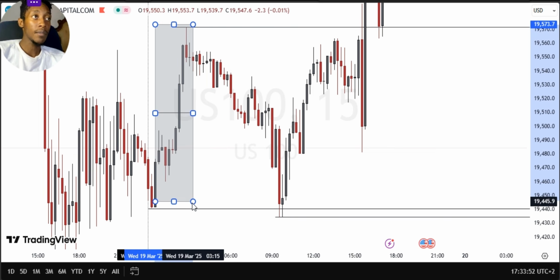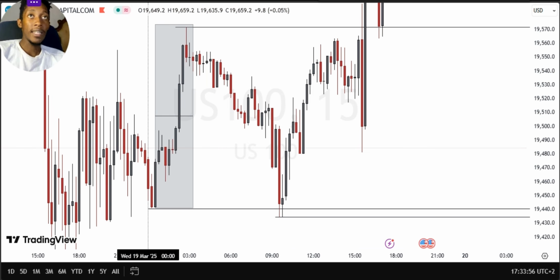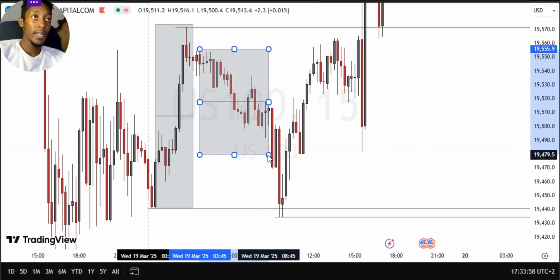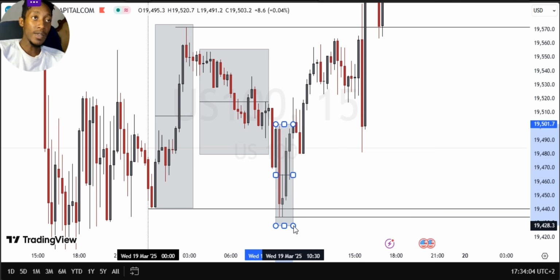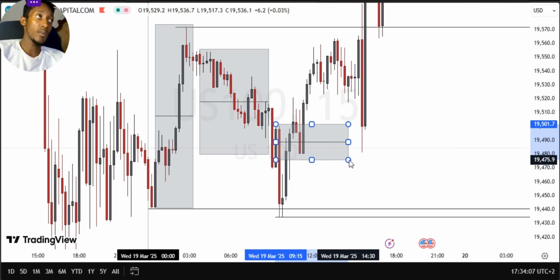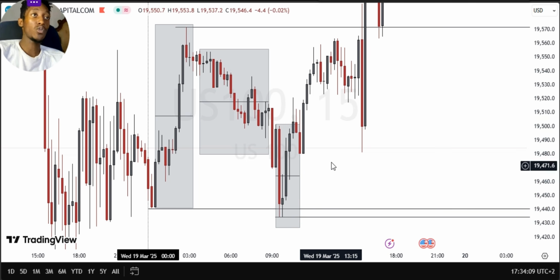This move is your range, and this move here is your inside bar. And then this move here is your sweep. And then what are we expecting?